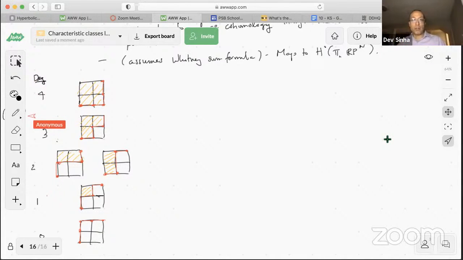So here's our list of Schubert cells. I wanted to illustrate some of these roll your sleeves up techniques. So let's talk about computing the differential in the cellular chain complex.